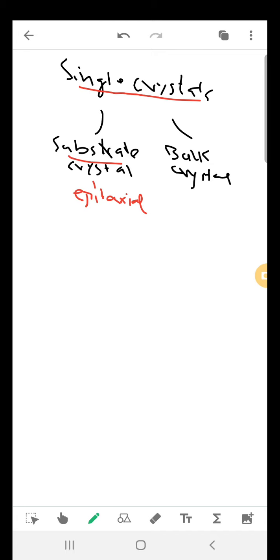The substrate acts as a seed. It also plays a role in the fabrication of devices, where it is important because it provides a contact region.